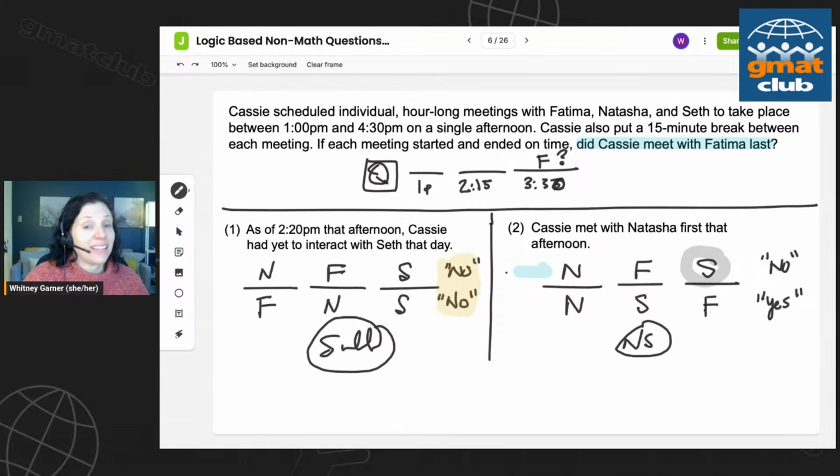How do we feel about data sufficiency? It's okay. I don't expect 5s if I'm being really honest. But if you're 3 and up, I feel pretty good. Amazing. Again, not necessarily that you're going to get all data sufficiency questions right, but that you understand this idea of sufficient.